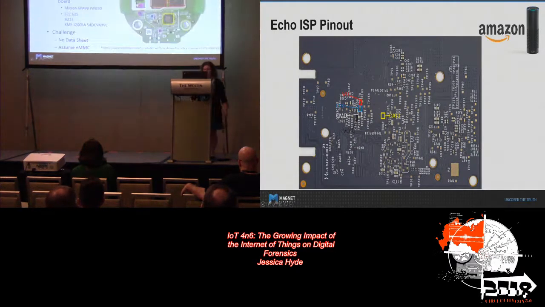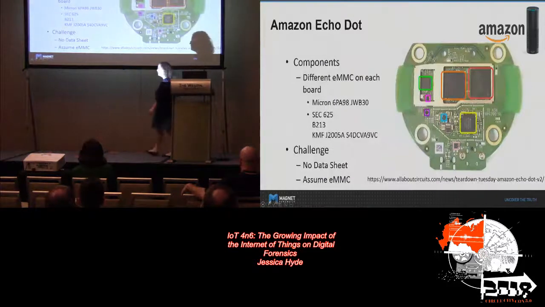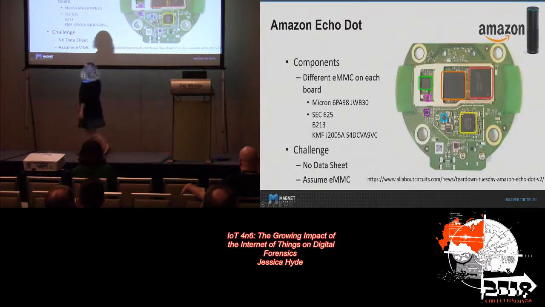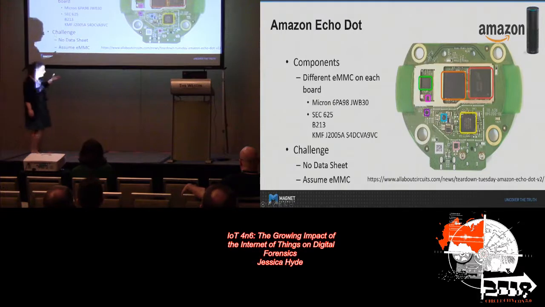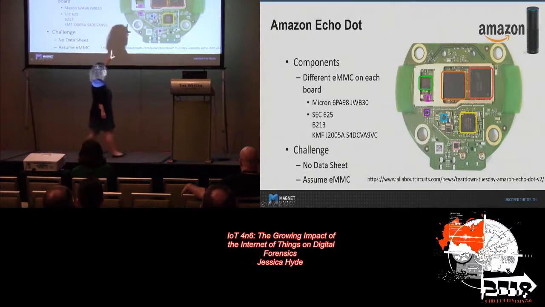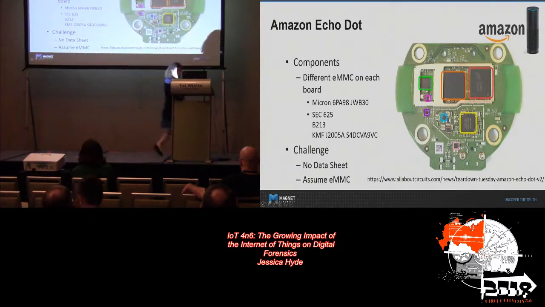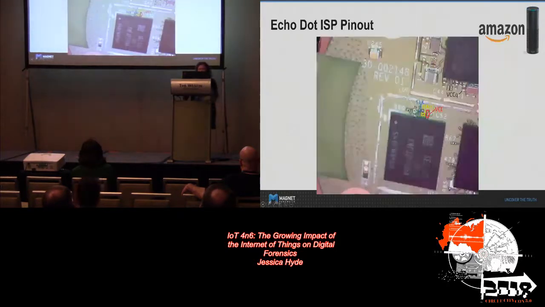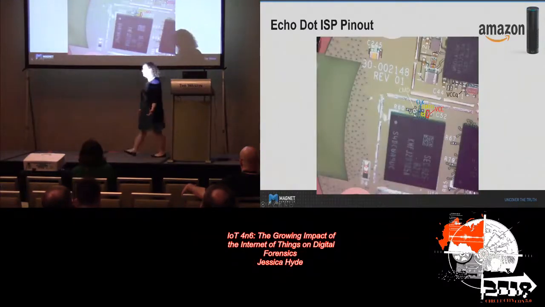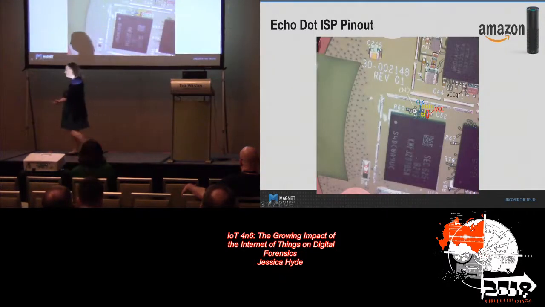It's published, it's public. The Dot was a little bit more of a pain in the butt because there are 2 different generations, and the eMMC on one of them had no markings on it, and there are no data sheets available for Gen 1 or Gen 2, so a lot more testing on my end to figure out the pinout. Also, it's a much smaller device, no test pads, and you have to use 40 thousandths wire on this.